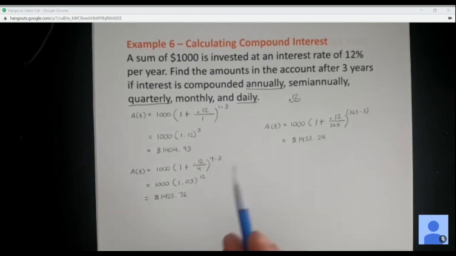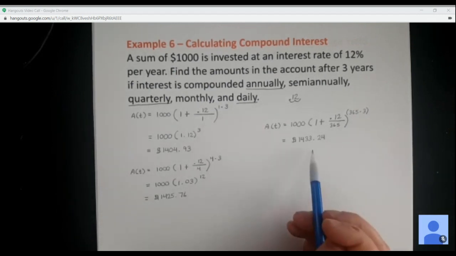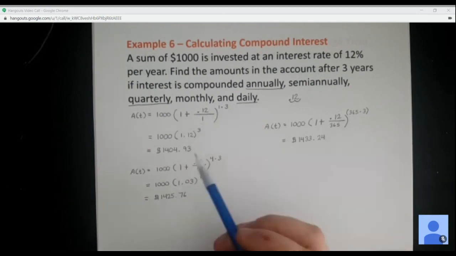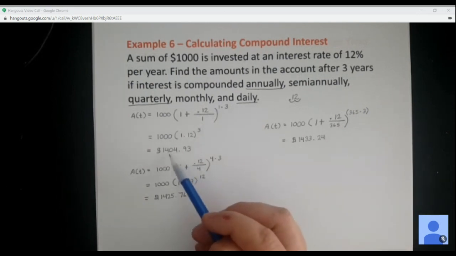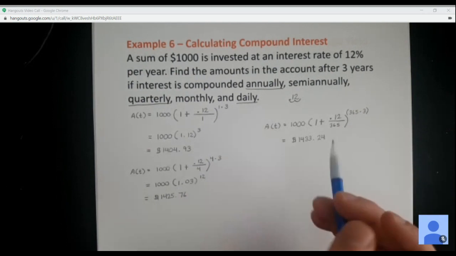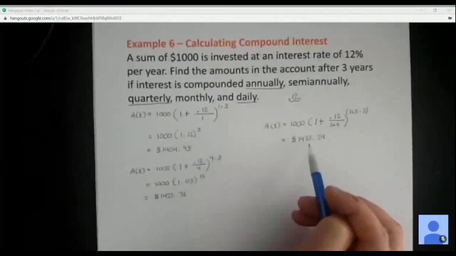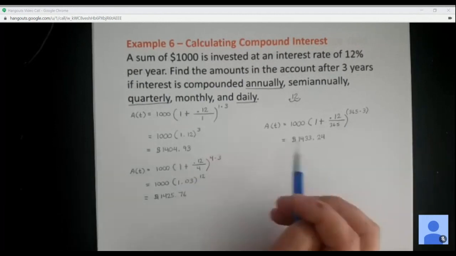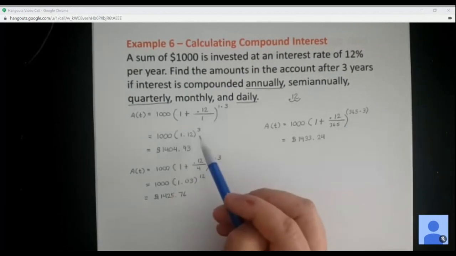When we went to daily, it increased again. So the more times we compound our interest, even keeping the interest rate the same, the more we're going to increase. But notice here, there's not a huge difference between $1,404 and $1,433. We're only looking at $28 and something difference between the two, even over a 3-year period.